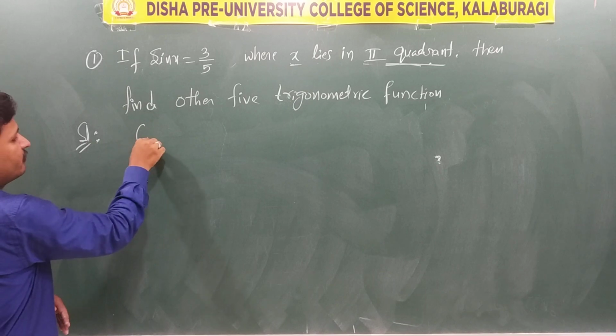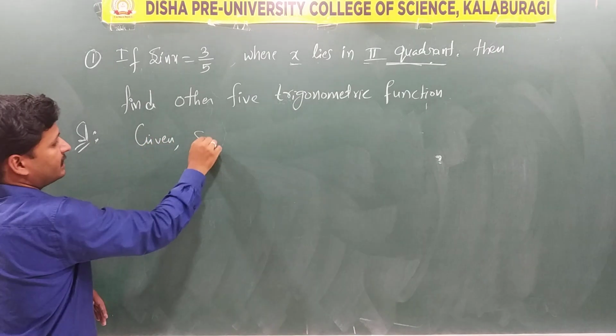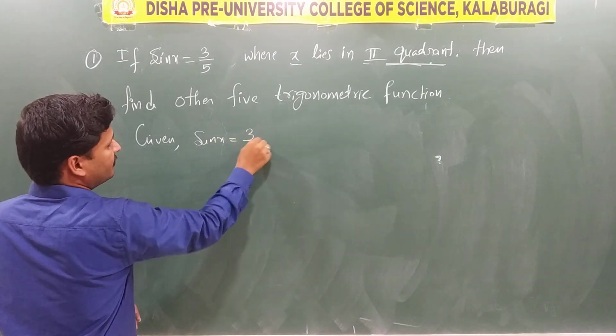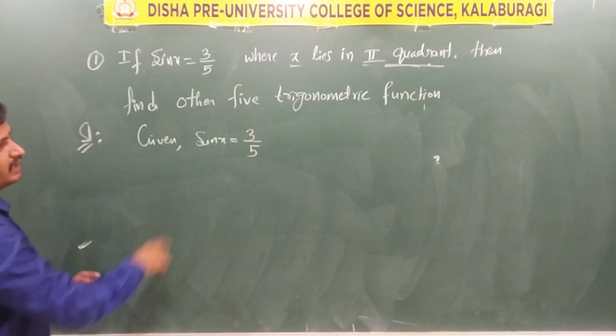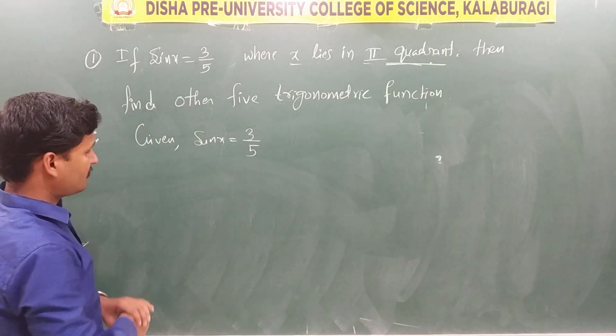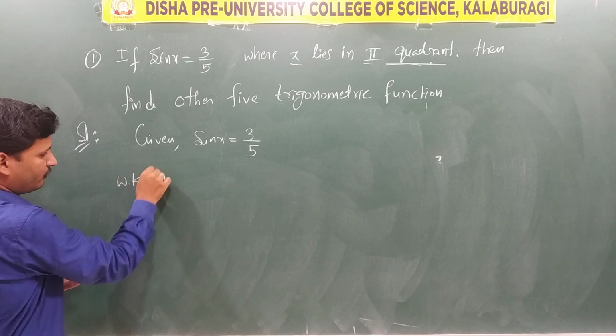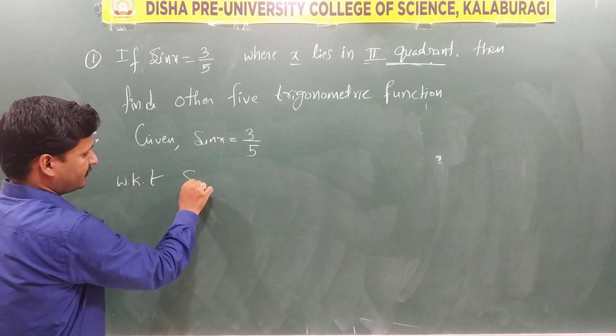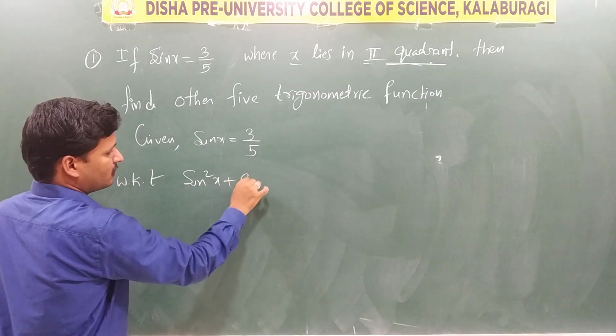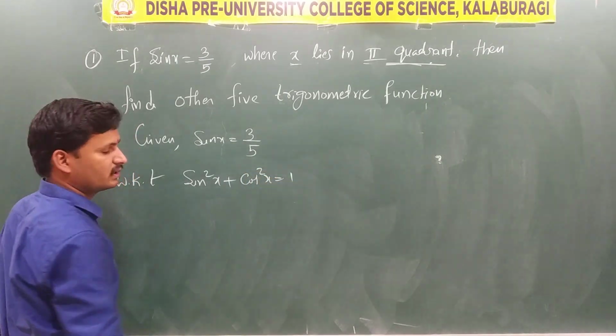Solution: given sin x is equal to 3 divided by 5, where x lies in the second quadrant, and we know the identity sin square x plus cos square x is equal to 1.